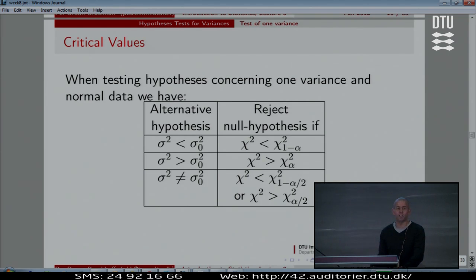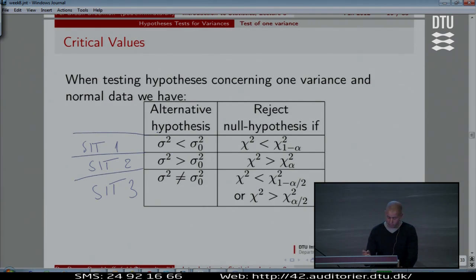It's basically giving the decisions to be made depending on which situation we're in and depending on what the data is telling you. So we have situation 1, situation 2, situation 3. We can only be in one situation in a given case, so we have to choose. Are we in the first, the second, or the third situation?